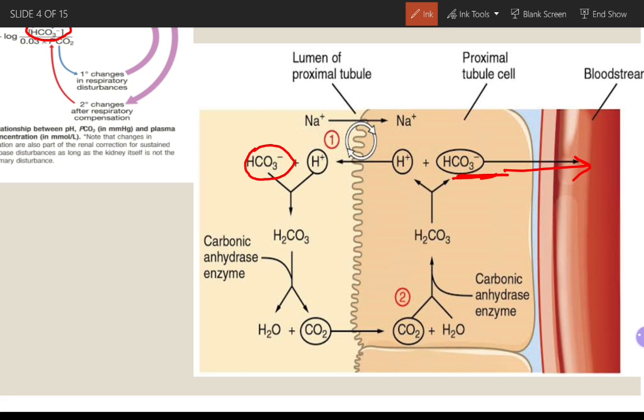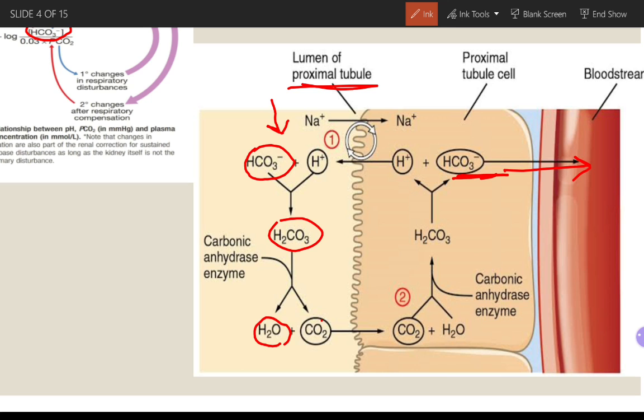The actual mechanism is that the filtered HCO3 minus, which comes into the lumen of the proximal tubule, binds with the hydrogen ion, H plus, to form carbonic acid, and carbonic acid further splits into water and carbon dioxide. This carbon dioxide, due to pressure differences, is taken inside the proximal tubule cell.